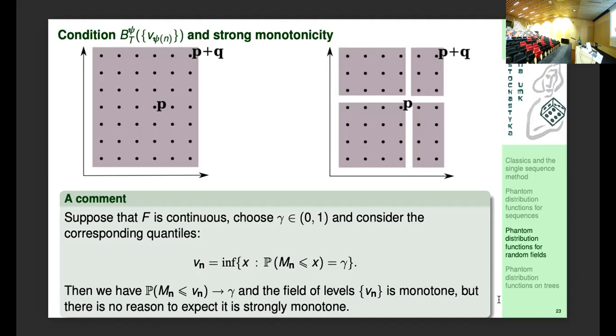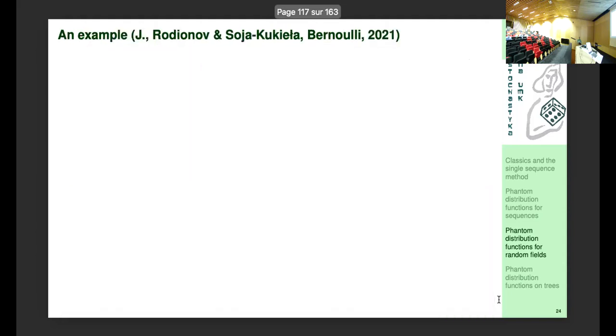It depends on the particular point of the square, and it seems that strong monotonicity is a very strict, very demanding condition. It is satisfied for random fields which are in a sense very close to independent random fields.